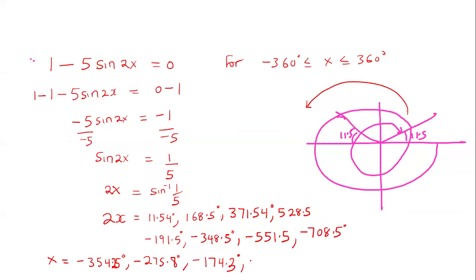We get negative 95.8. Then the 528.5 divided by 2, we shall have 264.